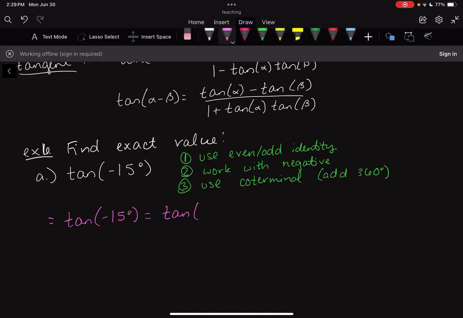So what we could do is 30 minus 45. That would get me to negative 15. It being such a small angle, 15, is kind of what tells me I probably need to subtract. And then because it's negative, I'm just going to do the smaller one minus the bigger one.